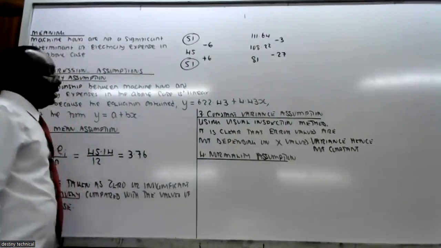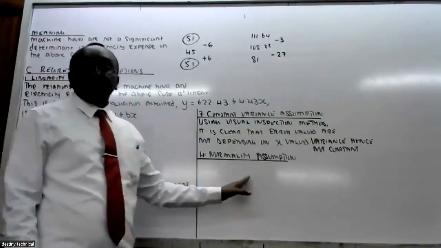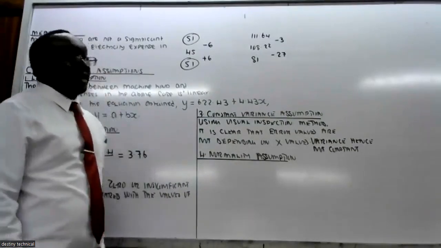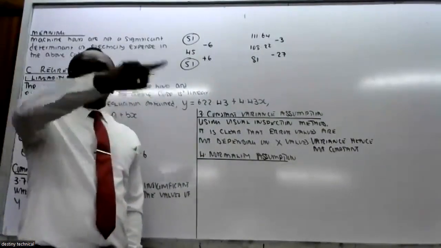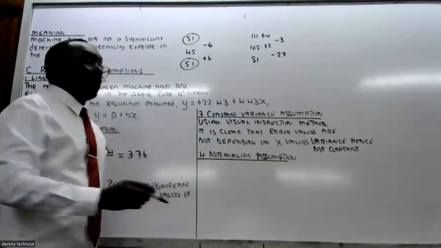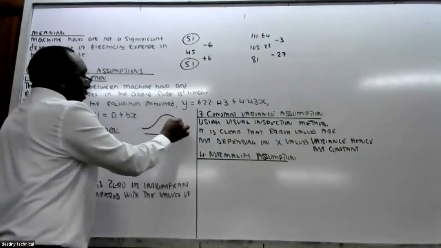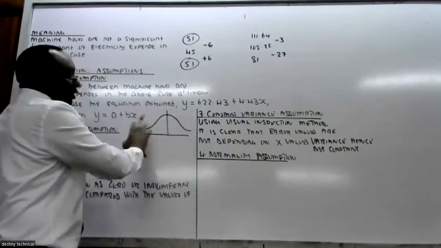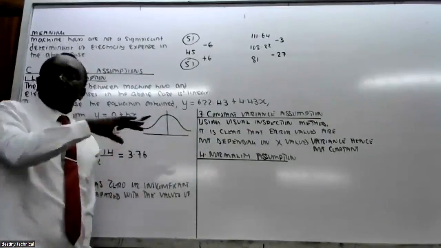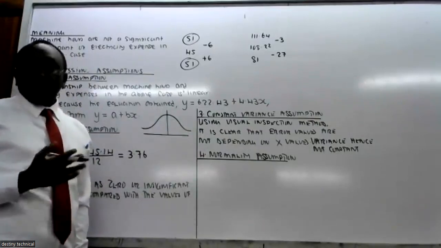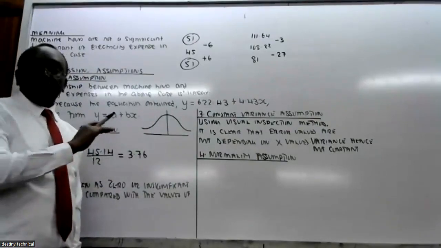Okay. So this one, what happens? There are two ways of dealing with it. The first way is what I had said earlier, you draw polygon curve, you check whether it takes the shape of a normal curve. A normal curve, we know it looks like this, divisible into two equal areas. So just plot a curve, and then you decide whether it occurs normal or not. So our case, we shall not draw.